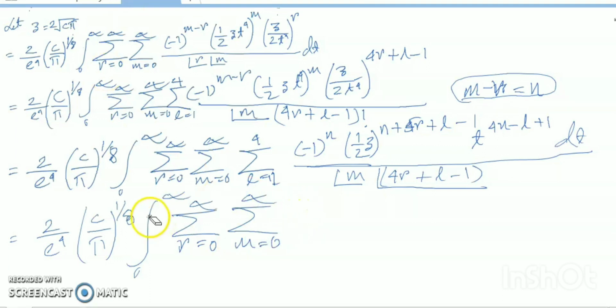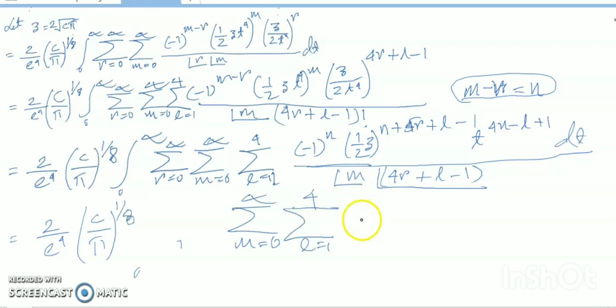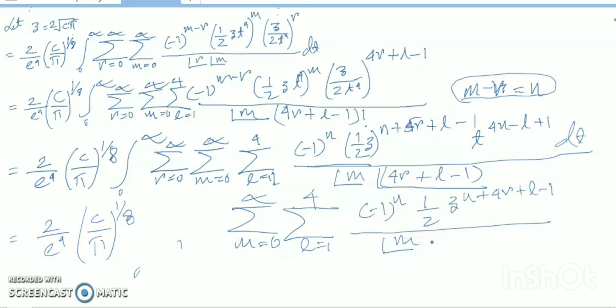Another factor, l equals 1 to 4, minus 1 to the power n and half into z to the power n plus 4r plus l minus 1, divided by m factorial.